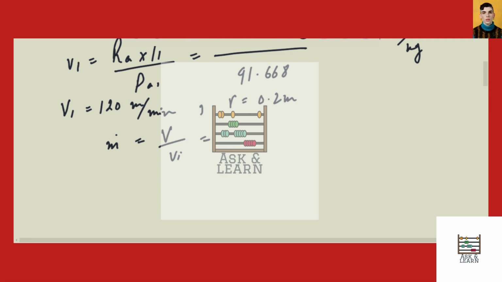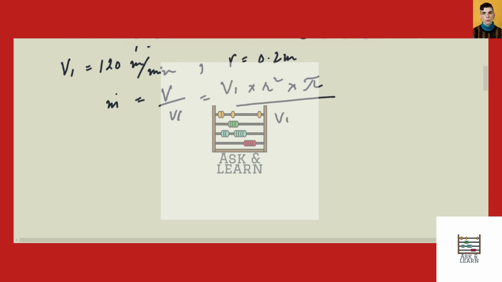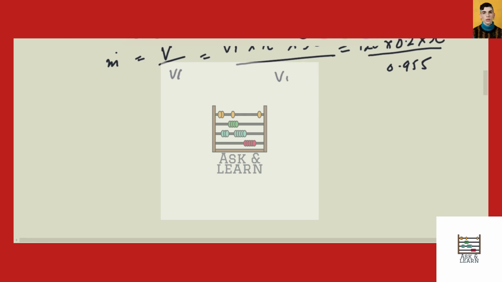So we have V1 into R square into pi divided by small v1, and that is equal to 120 multiplied by 0.2 square into pi divided by 0.955, and it's equal to 15.794 kilograms per minute.